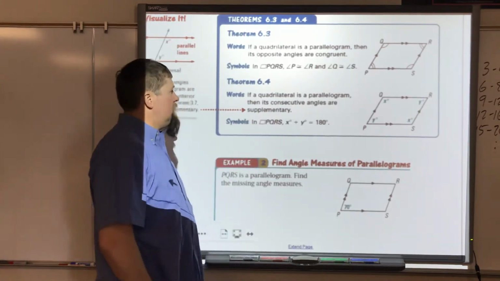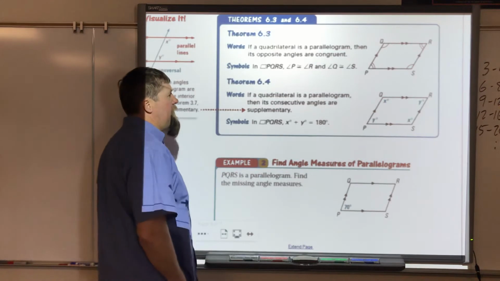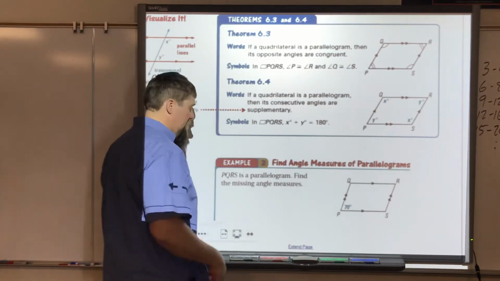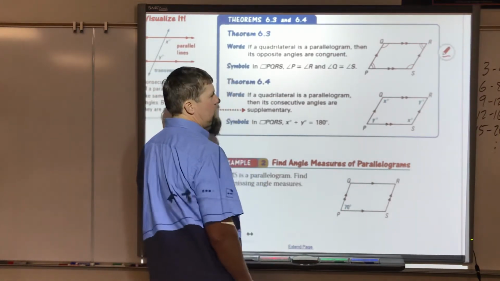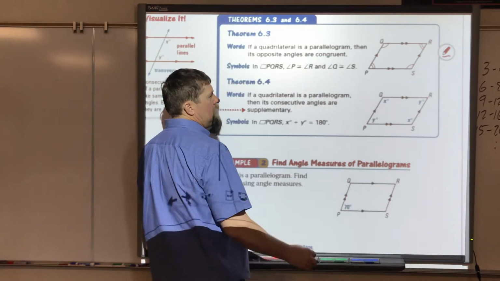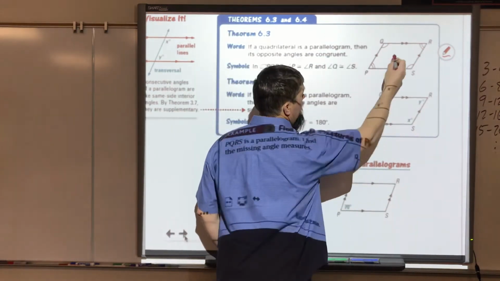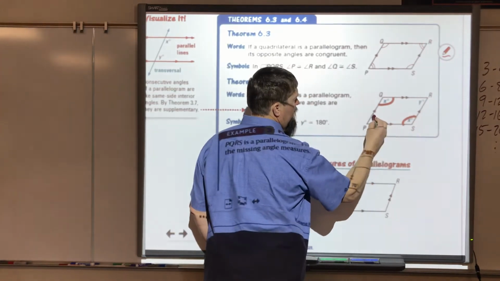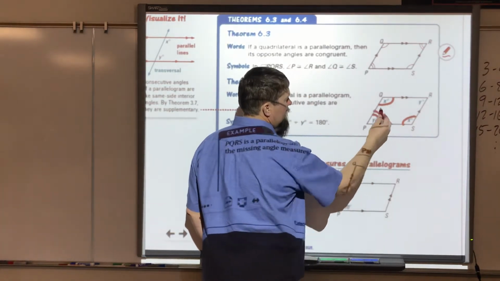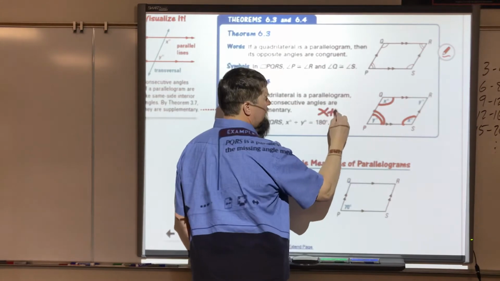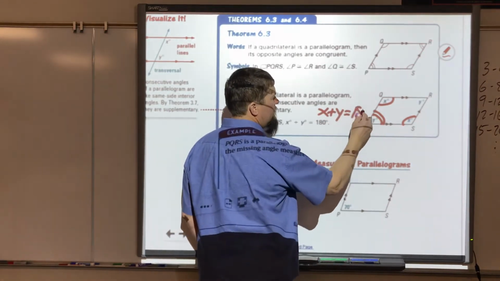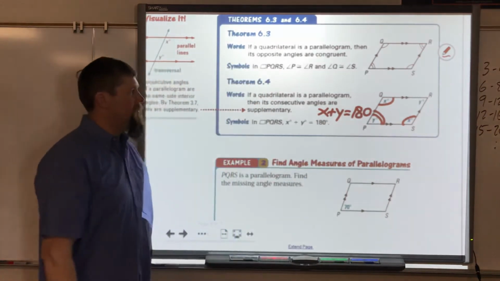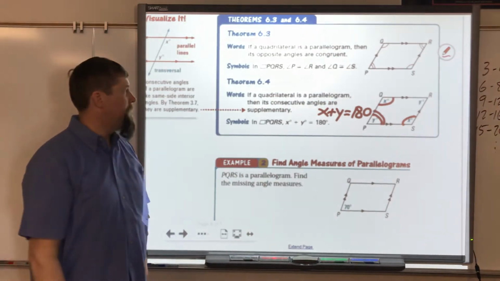Theorem 6.4 says if you have a parallelogram, then the consecutive angles are supplementary. So not only are the opposite angles congruent, but the consecutive angles, x plus y, are supplementary. They add up to 180 degrees.